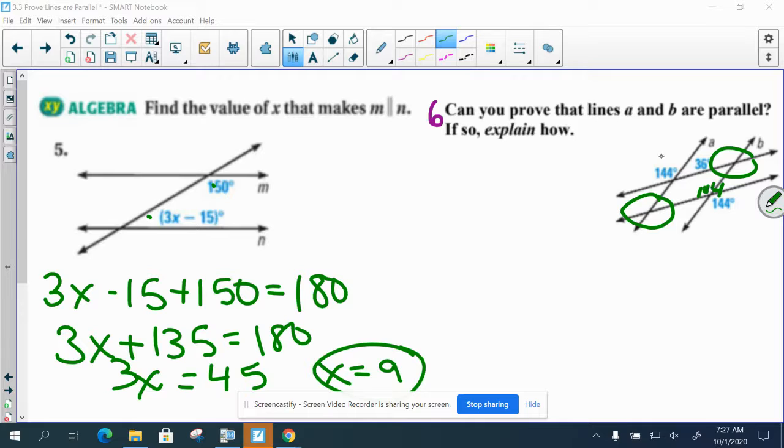Since these 144s are not alternate exterior angles because they don't share a transversal, you cannot prove that the lines are parallel.